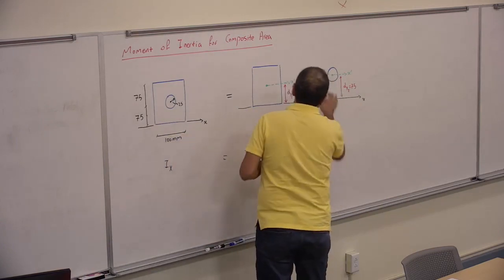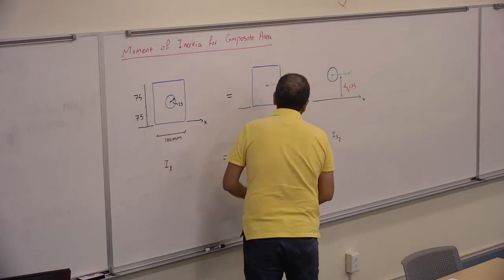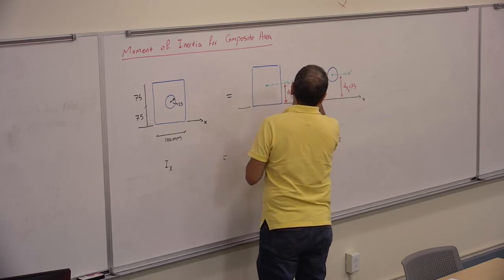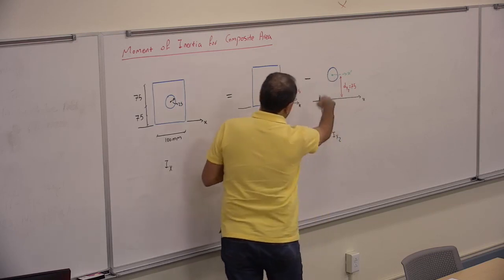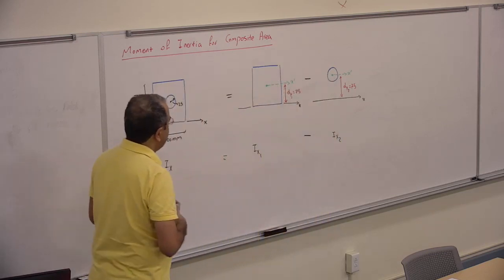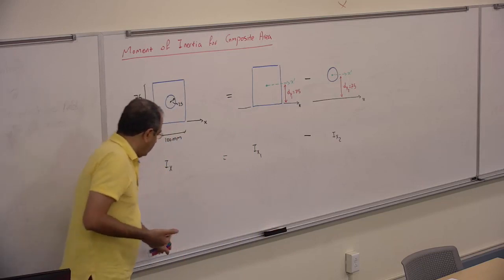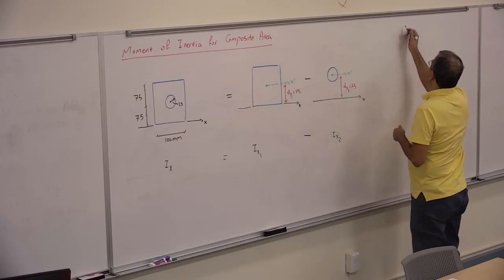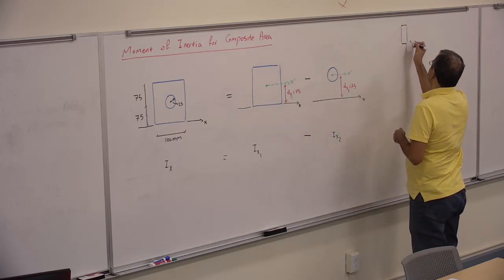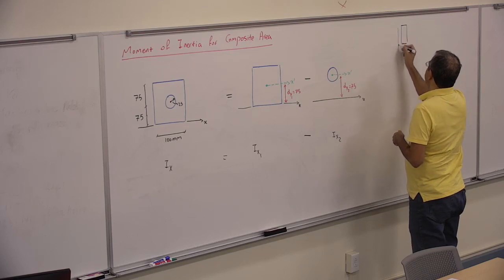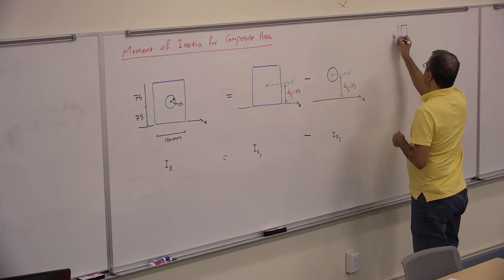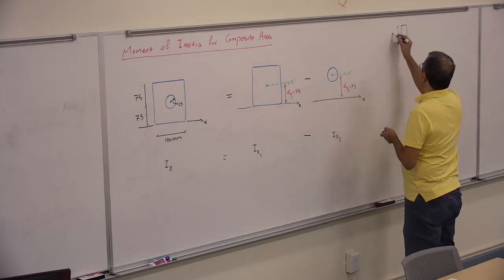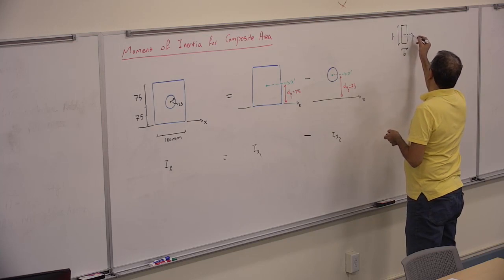Here is the hole, so I have to put a minus, because the hole is negative. So for the rectangle and for the circle, I know that for the rectangle, it is b h cubed, and that's the x prime.